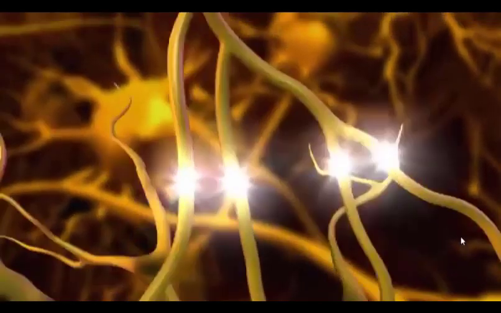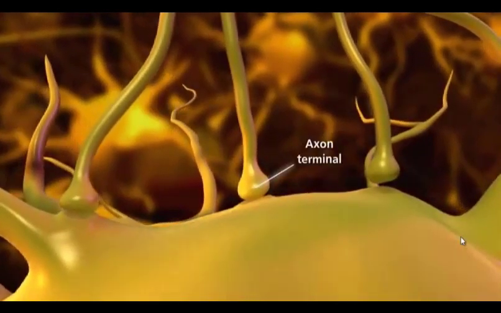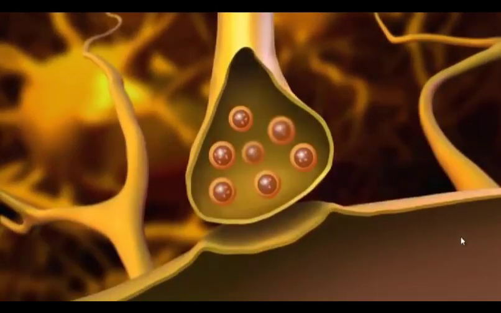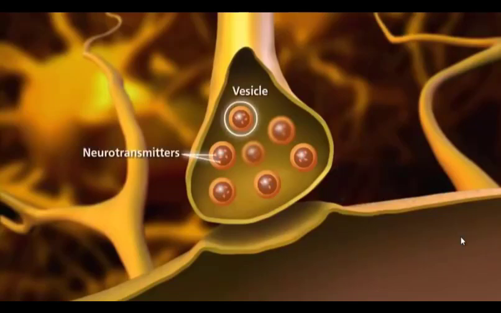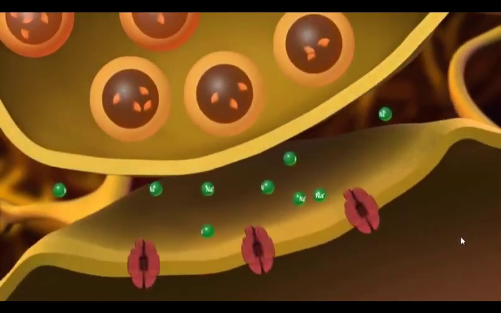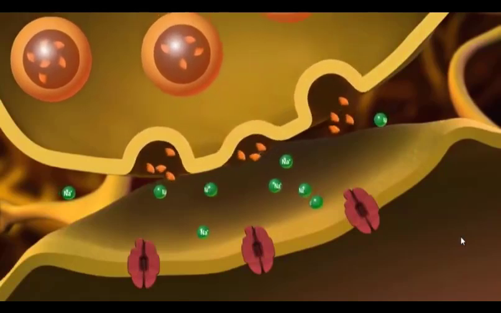Right at the axon terminal, we have a gap between the dendrites of the receiving neuron and the terminal axon of the sending neuron. This gap is referred to as the synaptic cleft or the synaptic gap or the synapse itself. This space is such that an electrical signal can't actually travel between the two neurons. Instead, what the two neurons use to communicate is a chemical signal.